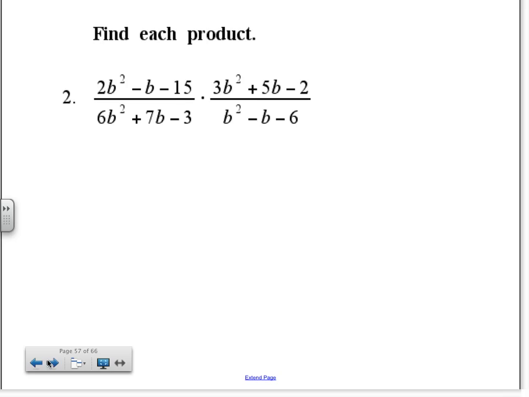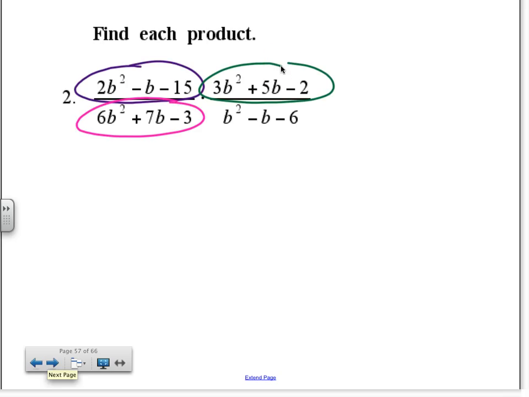I'm going to do this one with this, this one with this, here's the other one, and here's the other one. If you have space, just pull each one out and work in that space so you don't get all mixed up. So let's start with the first one, the purple.